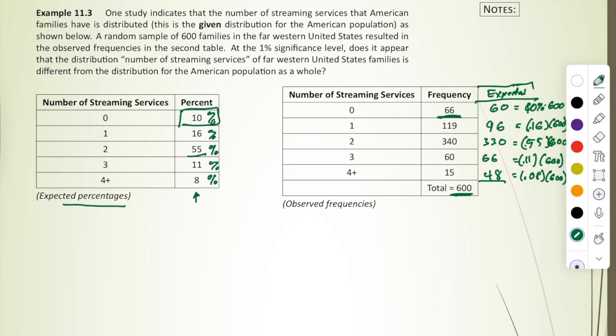All right, let's go ahead and do the first steps. So step 1, original claim. Does it appear that the distribution of families is different? Okay, so is different. So the distribution, chi-squared tests are all about distributions.